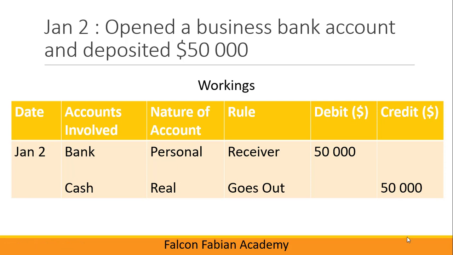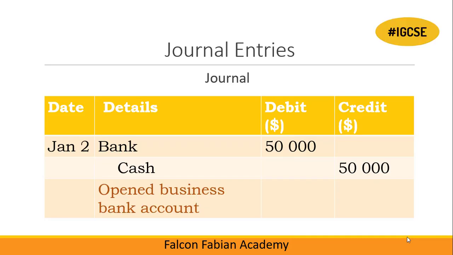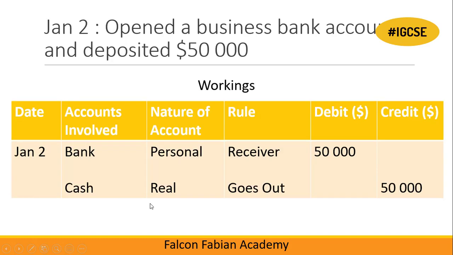Now, let's record this in our journal. So this is the journal entry. Again, the structure of the journal entry was the debit entry first, leave some place, and then the credit entry, and then a narrative. So in this table, what we had found out, bank needs to be debited and cash needs to be credited.